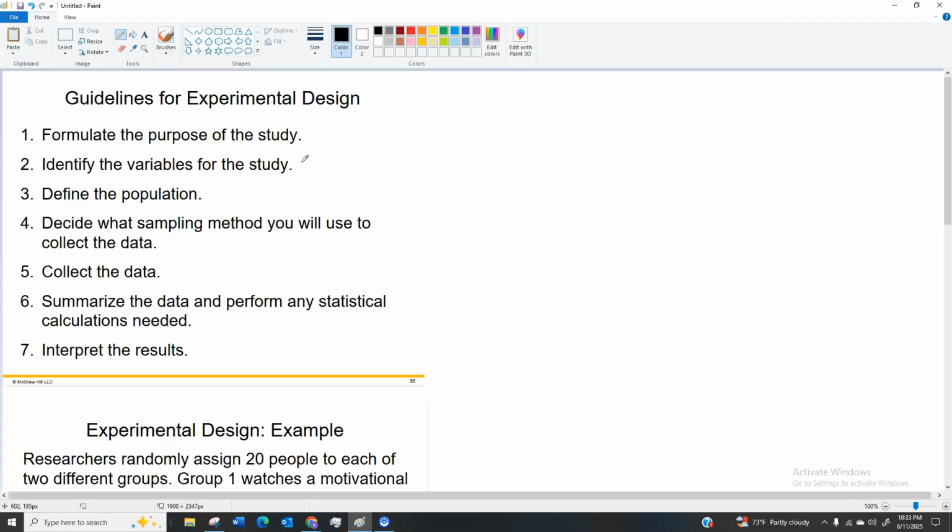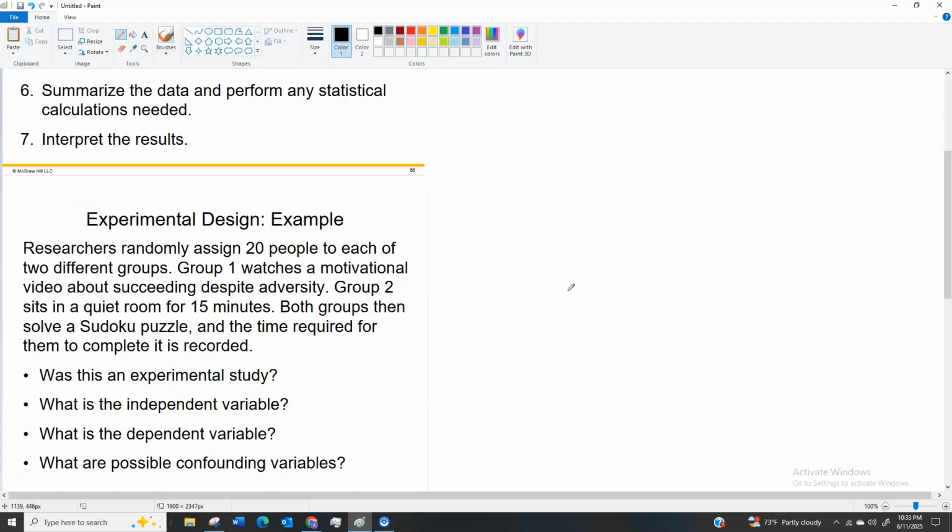That's the treatment. Once that's done, you're going to define the population and collect a sample, or decide what sampling method you're going to use. Then you're going to collect the data, summarize and perform any statistical calculations, and then interpret the results. That's the general pattern for an experimental study, or the experimental design.